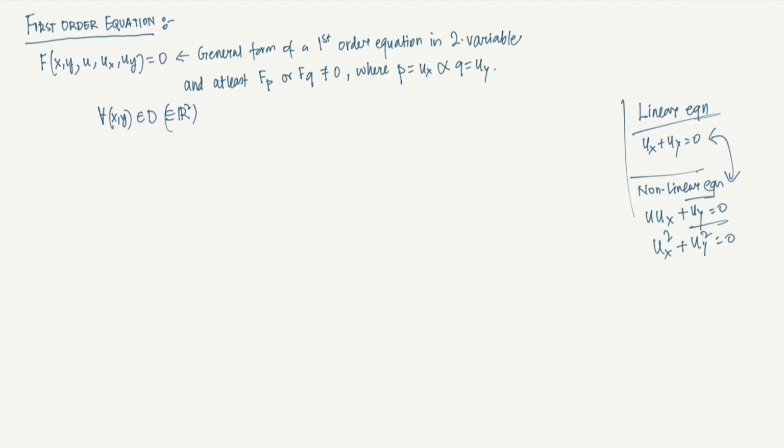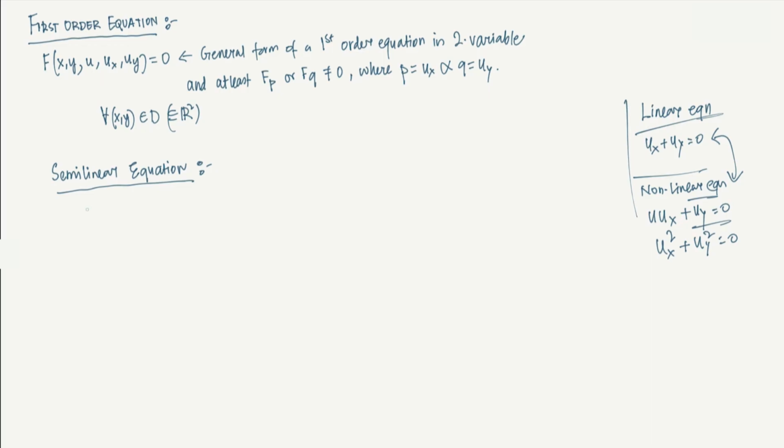First of all, we'll define something called a semi-linear equation. Linear equations are the easiest equations to solve. After that, we are going to define the semi-linear equation, and we are doing it for a first order equation. Yes, it can be done for a second order equation also, but for now we are just taking the first order. So what sort of equations are we looking at? You will look at this sort of problem: a of xy, u of x plus b of xy, u of y.